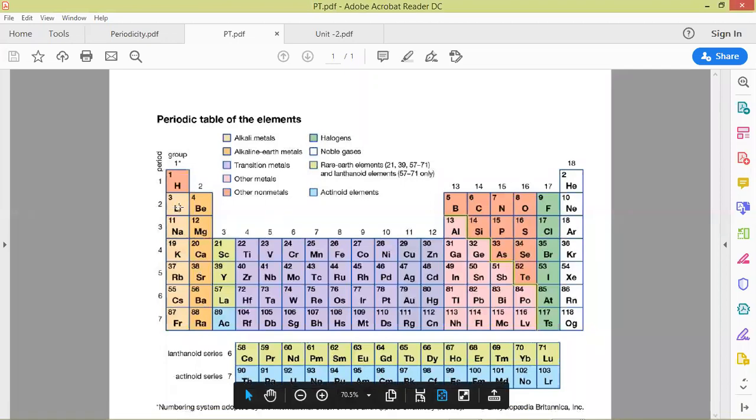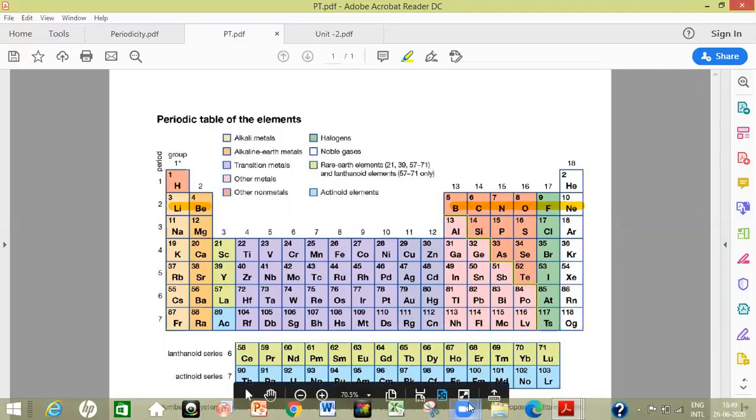This is the second period, which has a total of 8 elements, which starts with lithium and ends with neon. Lithium, beryllium, boron, carbon, nitrogen, oxygen, fluorine and neon. Neon is a noble gas.